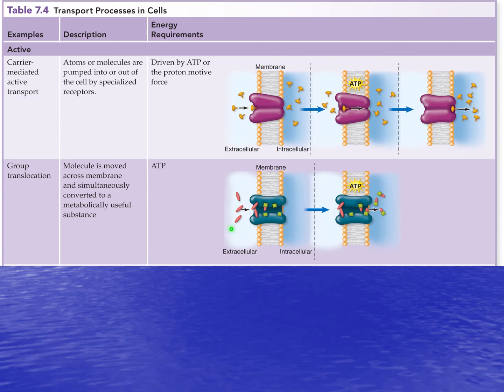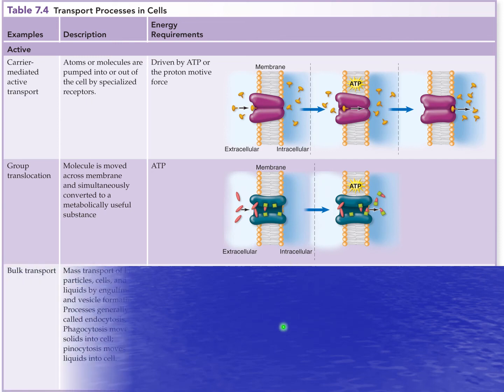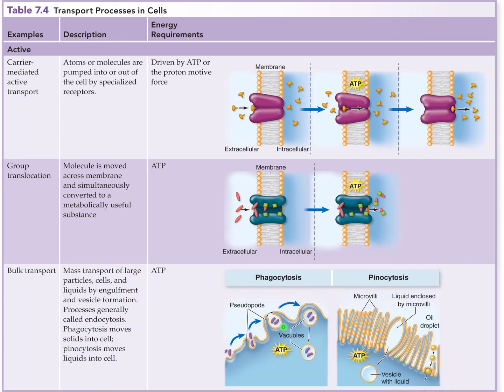And this is a very important step in energy production because this is actually going to be the first step of glycolysis, and we'll talk about that in glycolysis. And then bulk transport using phagocytosis or pinocytosis, simply again just bringing those larger particles into the cell in a phagosome.